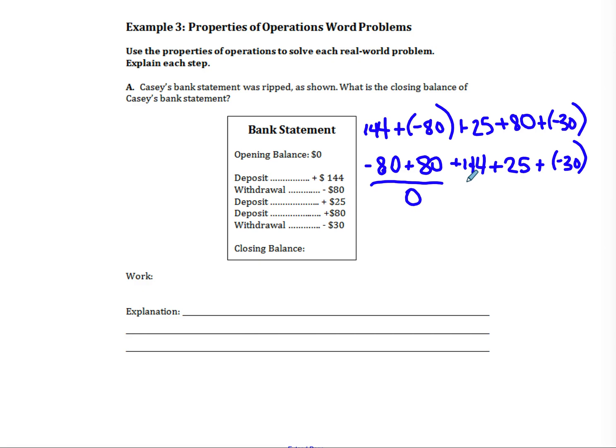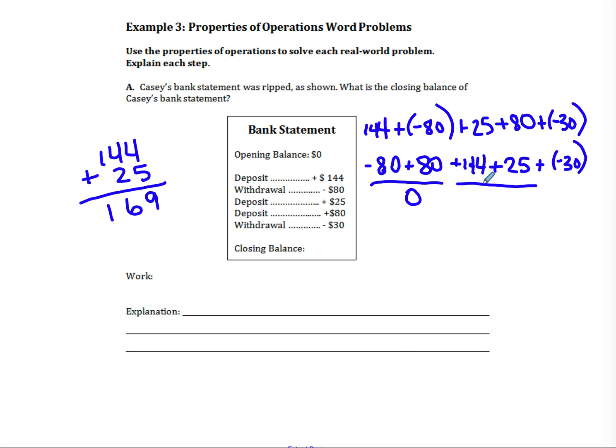I'm going to add 144 plus 25 first. Multiple digit numbers, it's always a good idea to go off to the side and just line up those place values. Make sure you're adding or subtracting values correctly. 4 plus 5 is 9. 4 plus 2 is 6. Bring down that 1.